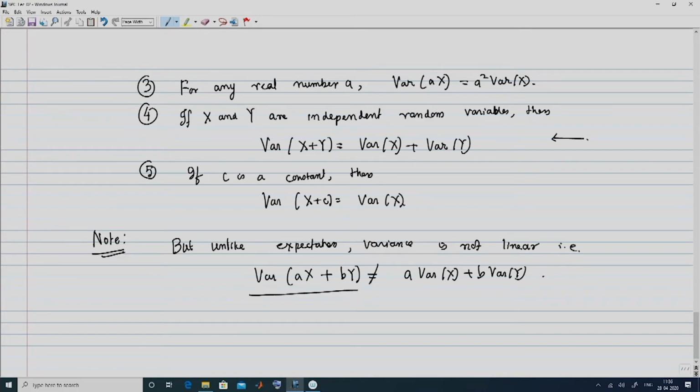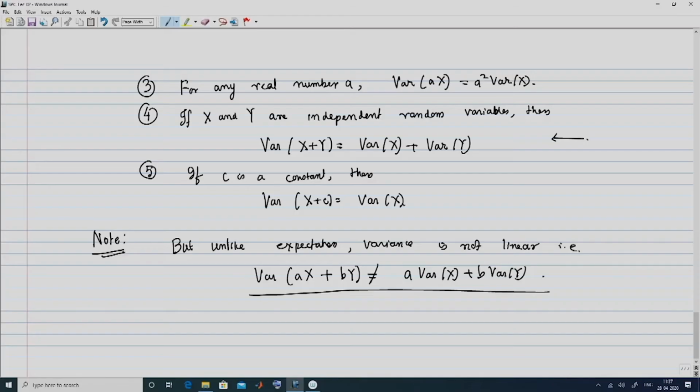Once we present the expression for the variance of a linear combination of random variables which are not necessarily independent of each other, then you can easily see that this property actually does not hold.